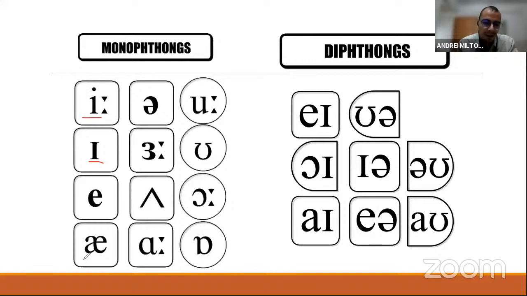E, a, then a, u, o, and o. A, I, right? U, ow. Okay, very good. Now let's learn the difference.